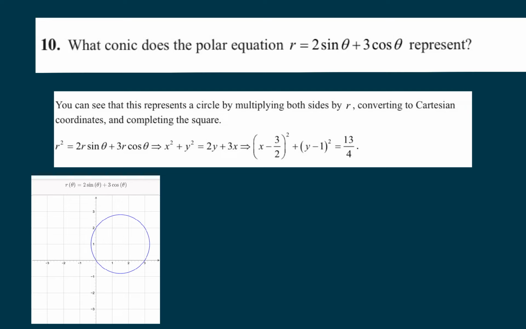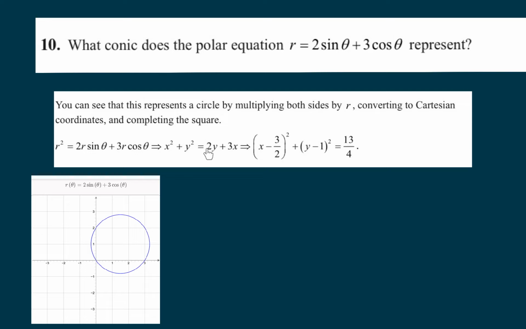But we know that r squared is x squared plus y squared. What we have done is to get rid of the r and the theta in this equation, and by a certain trick, multiplying by r, we have passed from a polar equation to a Cartesian equation where only the x and the y appear.